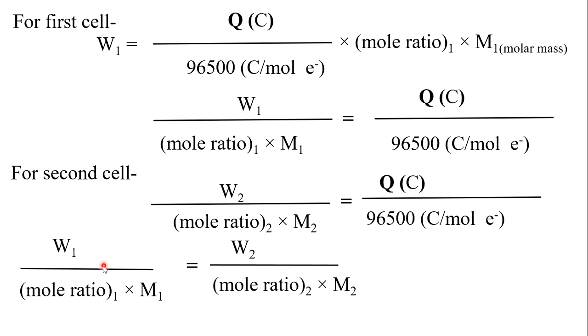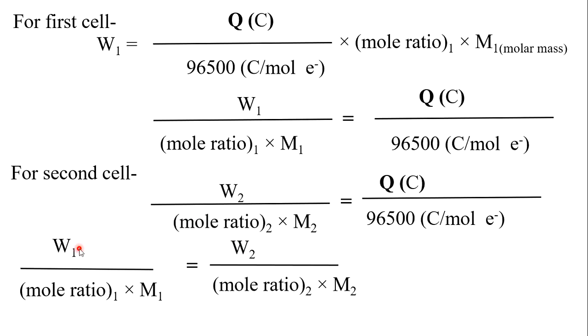So this is the relation between the two masses deposited at the respective electrodes in the two electrolytic cells which are connected in series, when the same quantity of electricity is passed through both the cells.